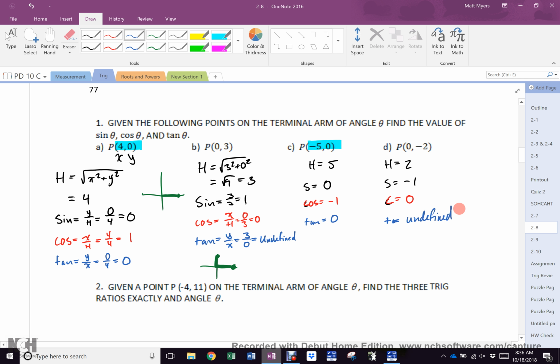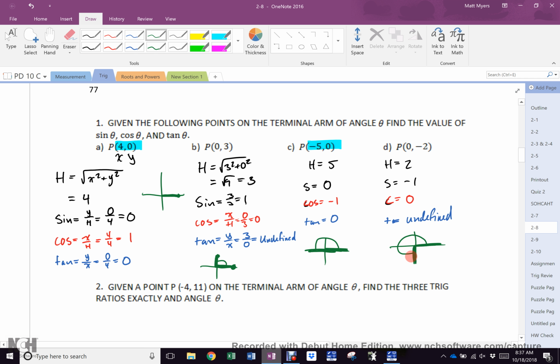Now, if we drew all these, we notice this one is 0, this one is 90. What's this one going to be? 180. And what's this one going to be? If I go all the way around. Oh, sorry. 270, right?